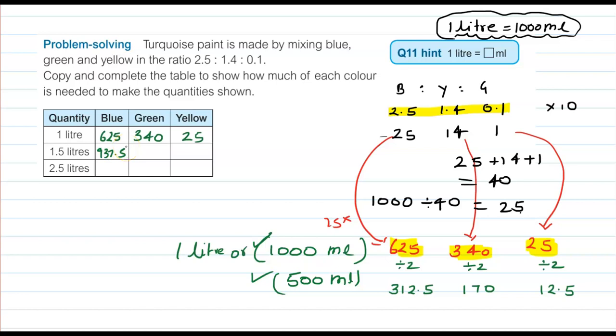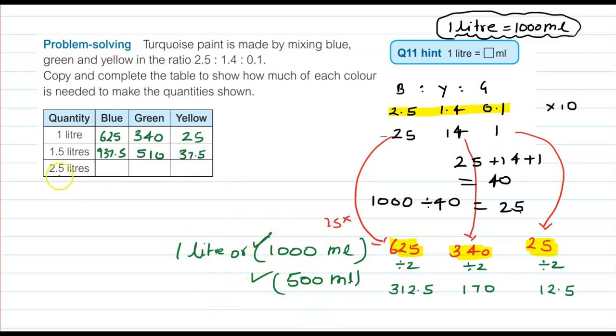Now 340 plus 170 is 510, and 25 plus 12.5 is 37.5. Okay, that's fine.